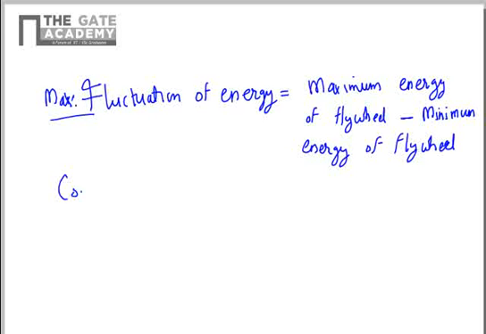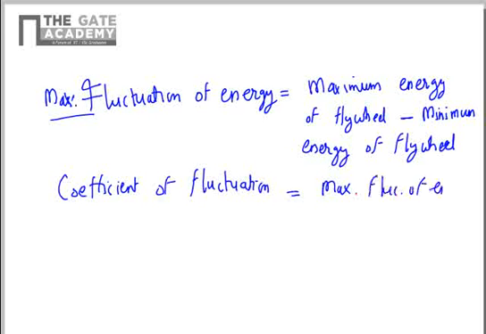And now we have also a coefficient of fluctuation. The coefficient of fluctuation is defined as maximum fluctuation of energy divided by the work done per cycle.